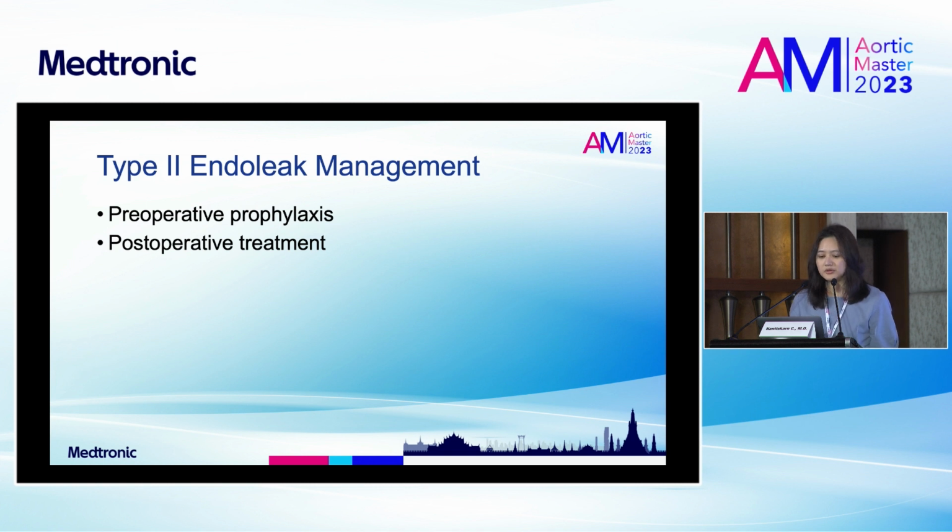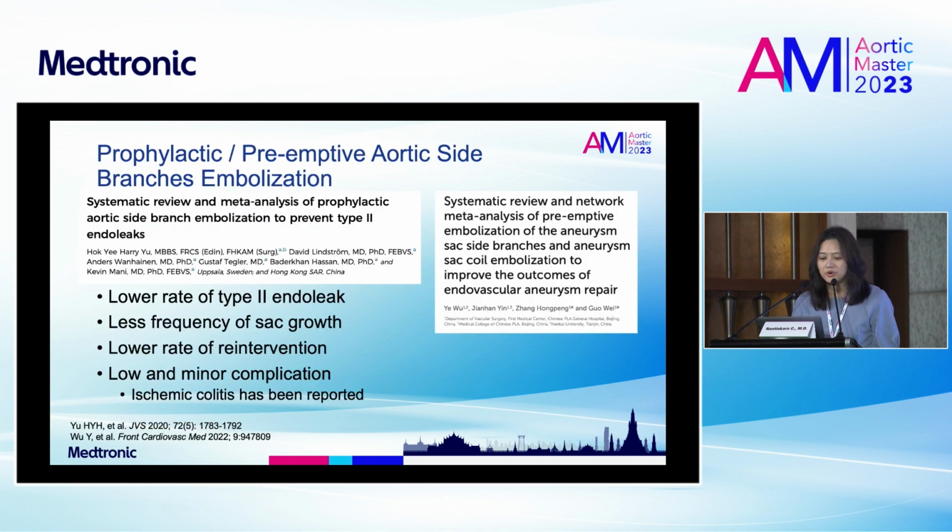So when we talk about type 2 endoleak management, we can treat it at two stages: preoperative prophylaxis or postoperative treatment. For prophylaxis, it's the preemptive aortic side branch embolization.